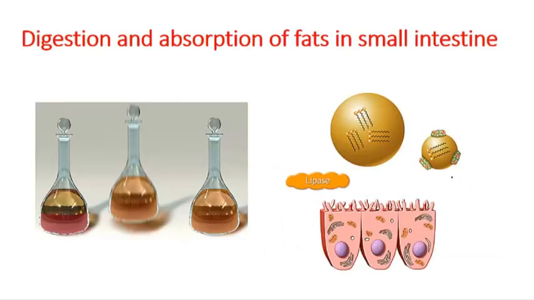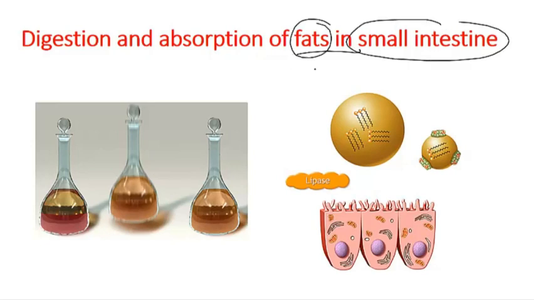Now it's time to talk about the digestion of fat in the small intestine. Fat digestion is kind of unique, slightly different compared to the digestion of carbohydrate and protein, because fat digestion takes a lot more time.